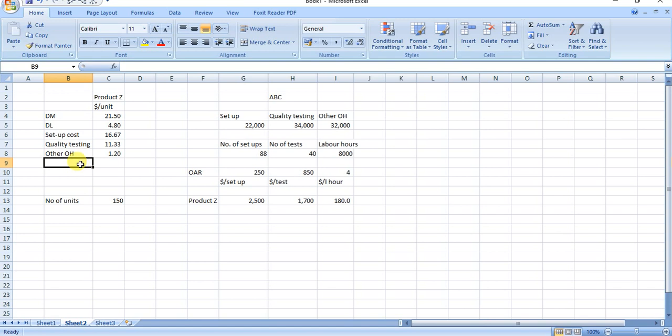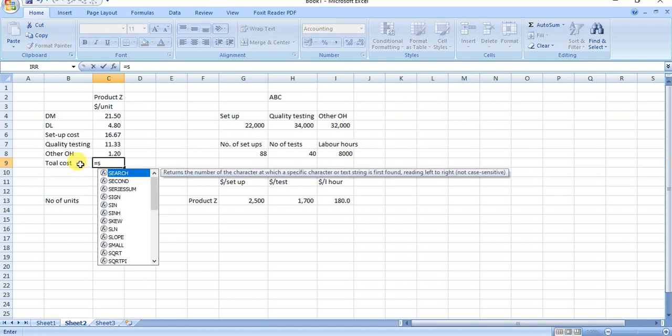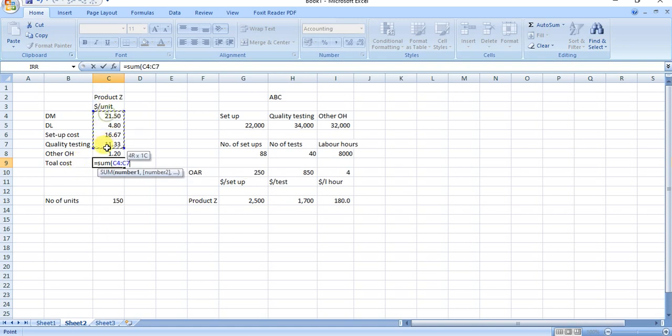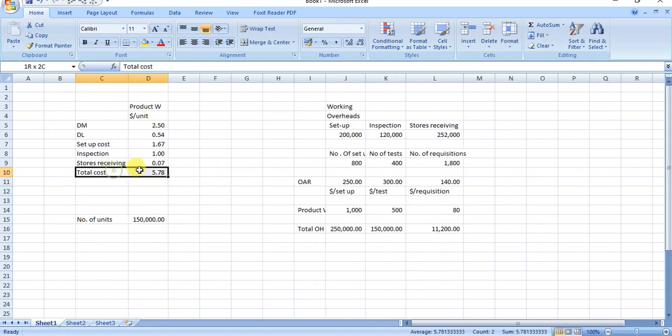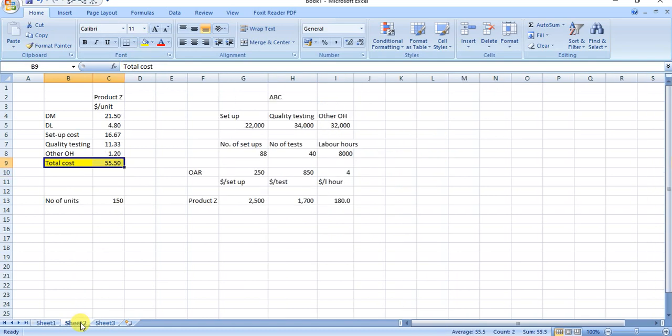So total cost per unit equals sum, 55.5. So second question answer is 55.5 and the first question answer is 5.78. These are the two homework questions, or the assignment questions I gave you. Check your answers and let me know if you have any doubts.